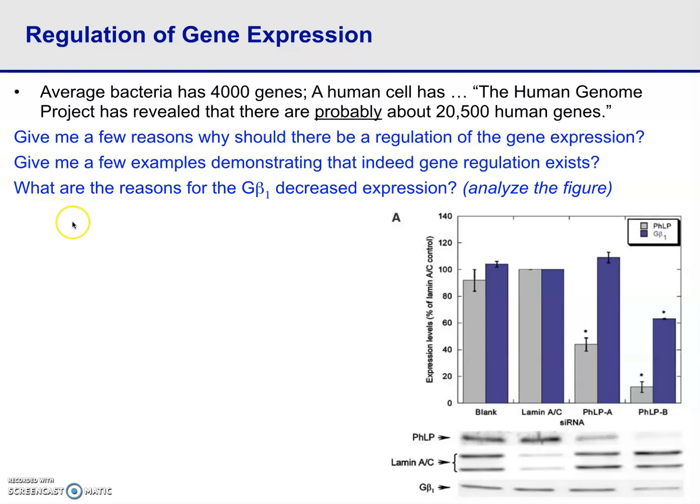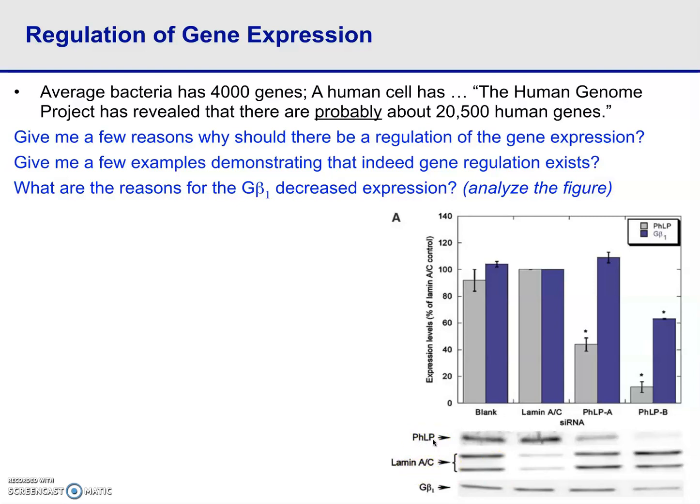I also want to give you this example, which comes from my own research while I was a graduate student. In this research, we wanted to study the effect of this gene known as fusiform-like protein, or FLIP.